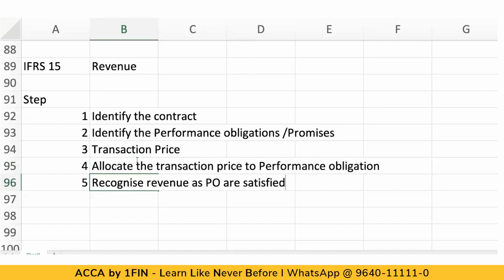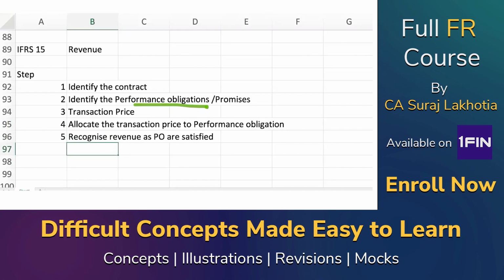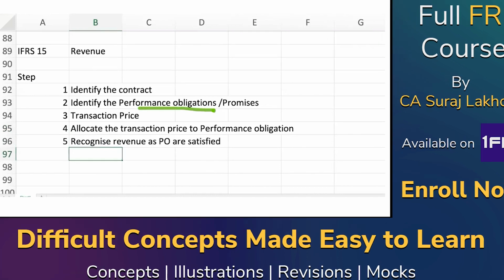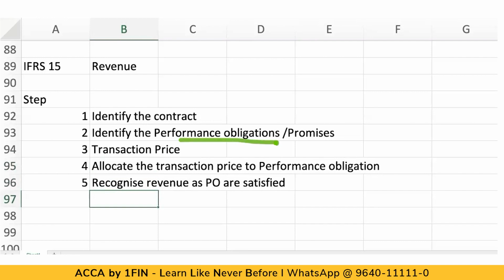Now this is the 5-step process. A very critical part of this is to identify the performance obligations. Say for example, there are two components: one, delivery of goods, and second, installation of the goods. For example, an air conditioner will be delivered and installed. There are two separate performance obligations, and we are charged a lump sum amount for that.